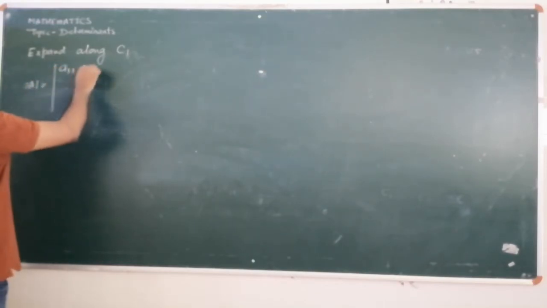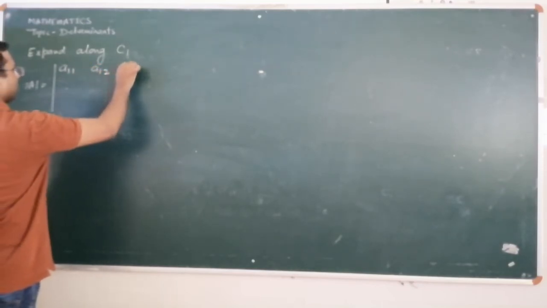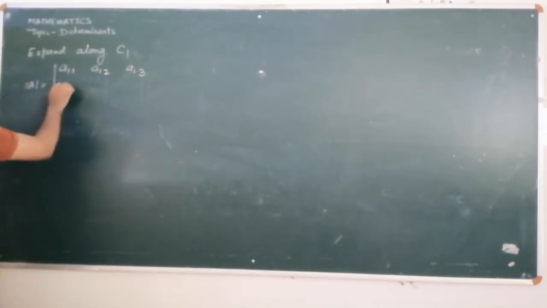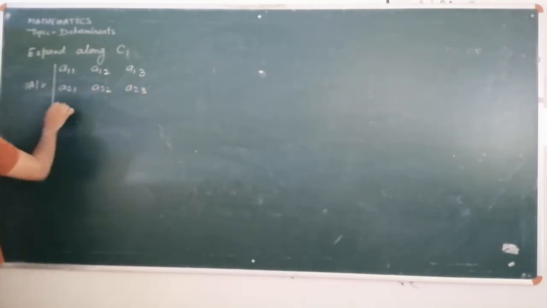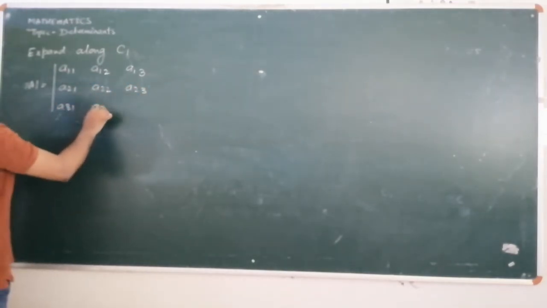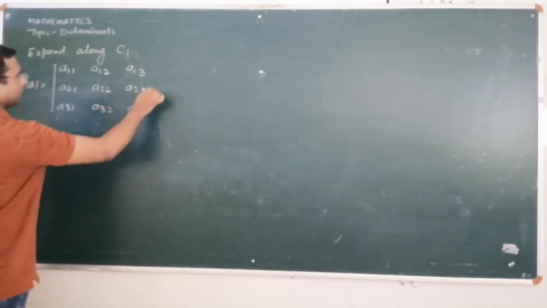See, this is our determinant. Elements are A11, A12, A13, A21, A22, A23, A31, A32 and A33. These are the elements.